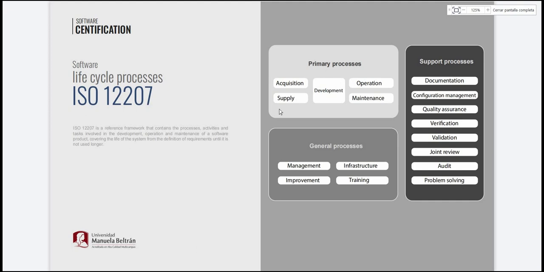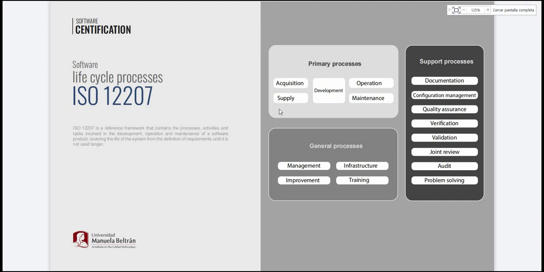Supply: activities and tasks of the supplier, which are preparing contracts in response to a request from a buyer of a software product, and identifying the resources needed to carry out software product development successfully.